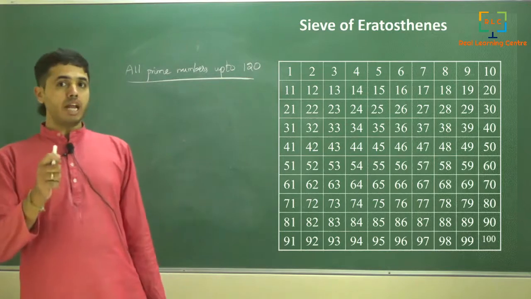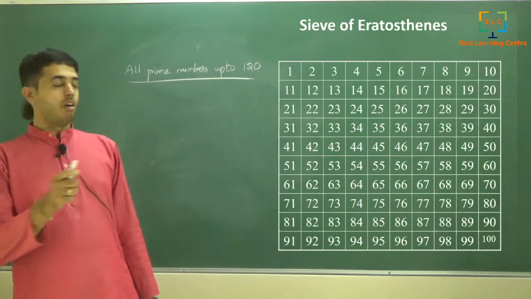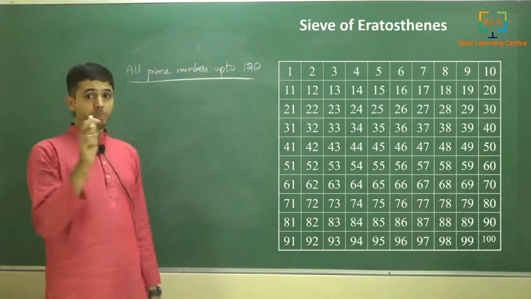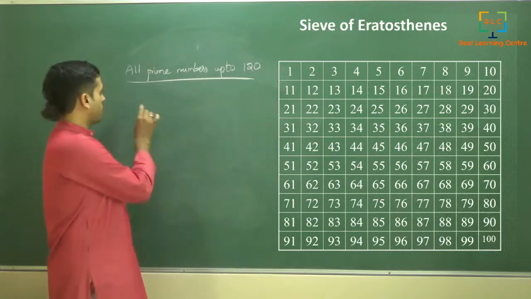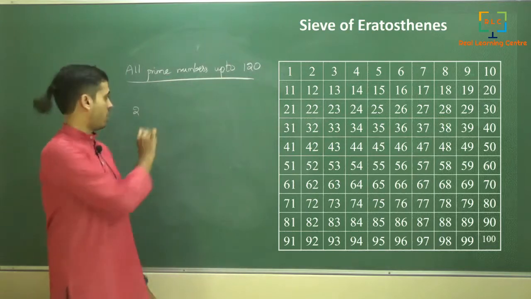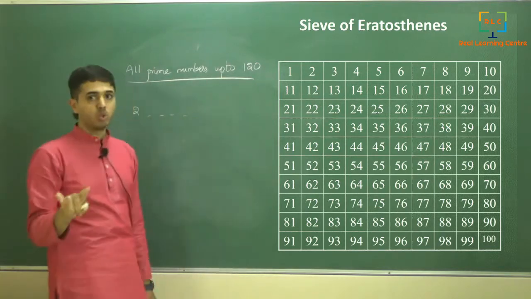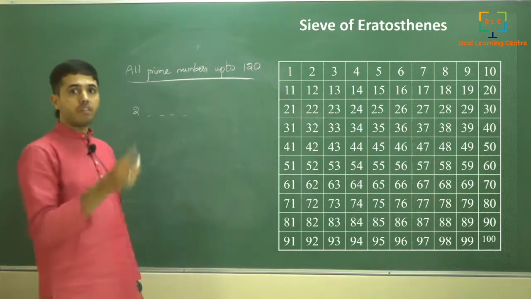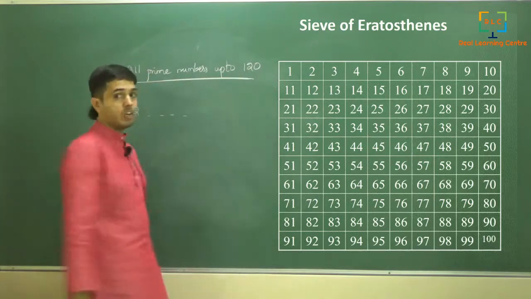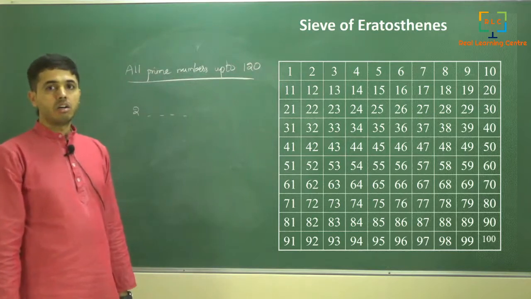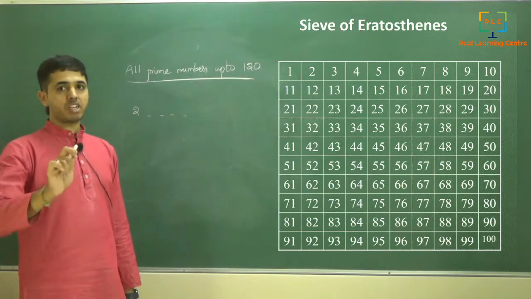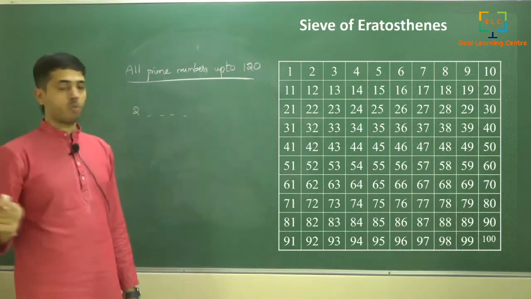Now we also know that to check for primality, I have to start from the first prime number up to the square root of the last number. Now the last number is 120. It's not a perfect square; 121 is a perfect square.